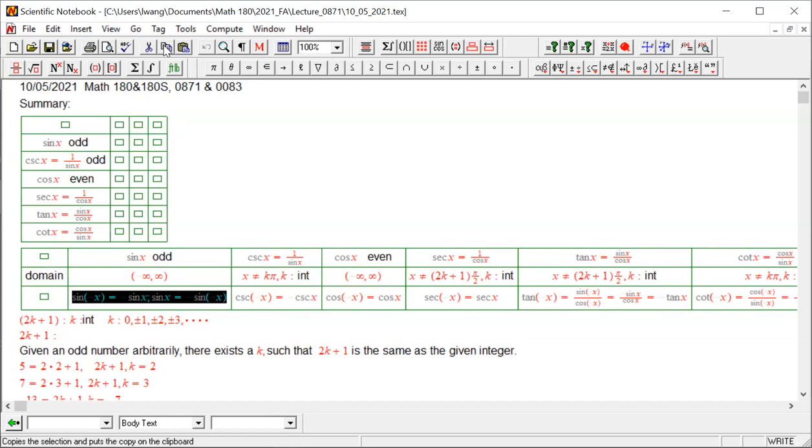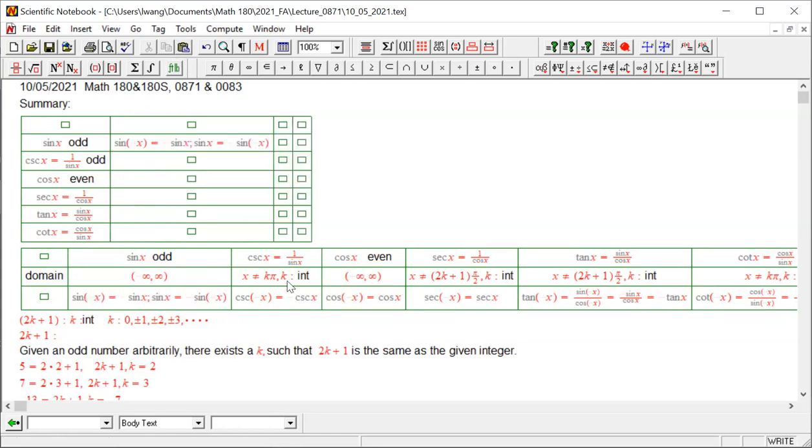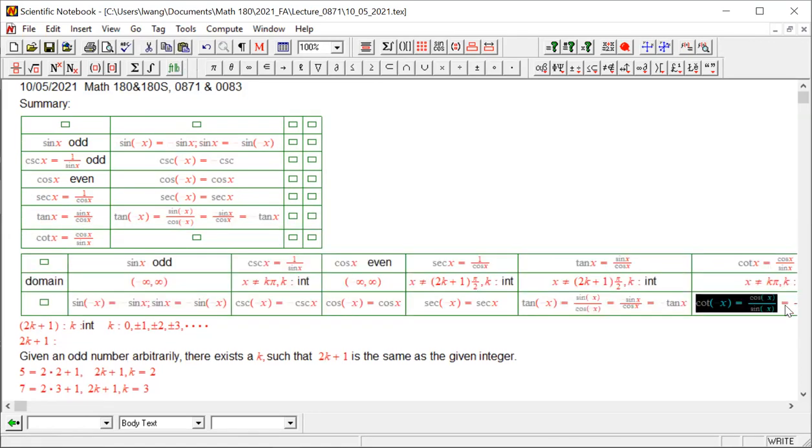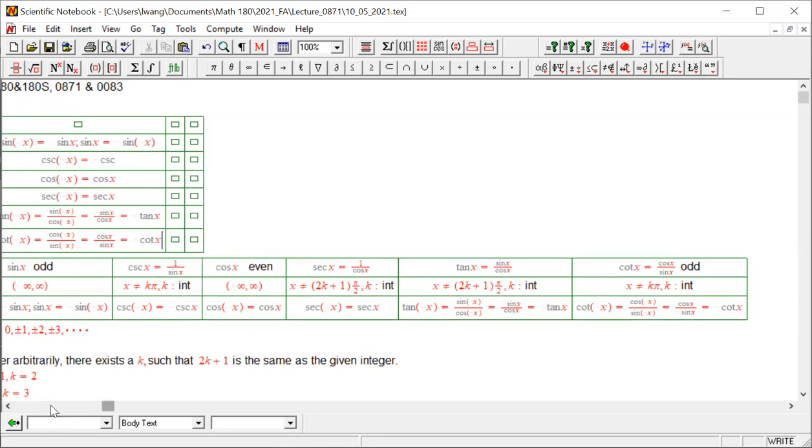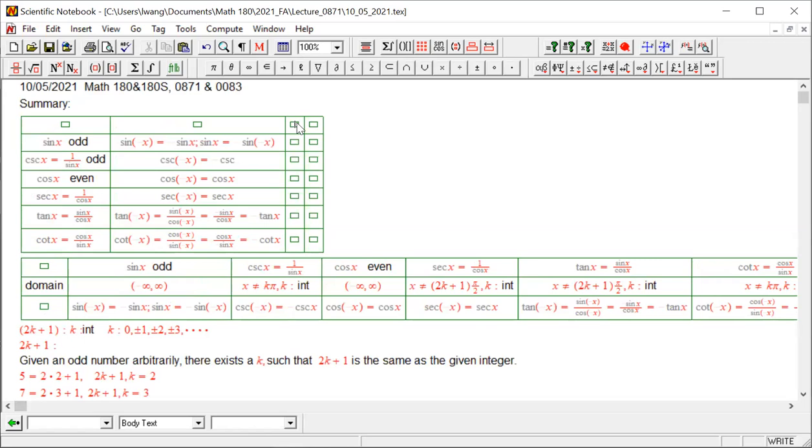And for sine, that's the algebraic... cosecant, cosine even, secant even, tangent, cotangent. Okay, domain.